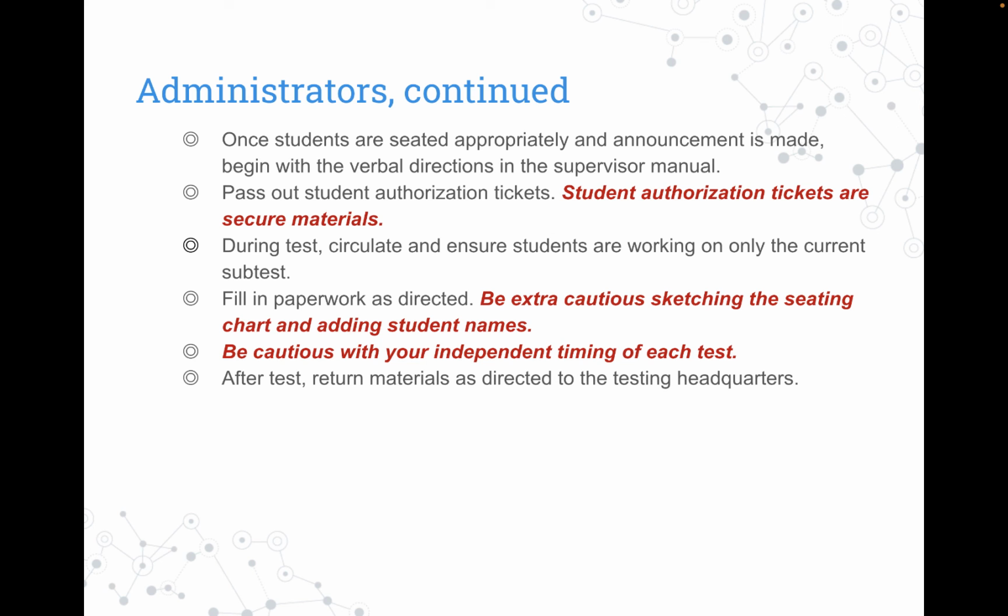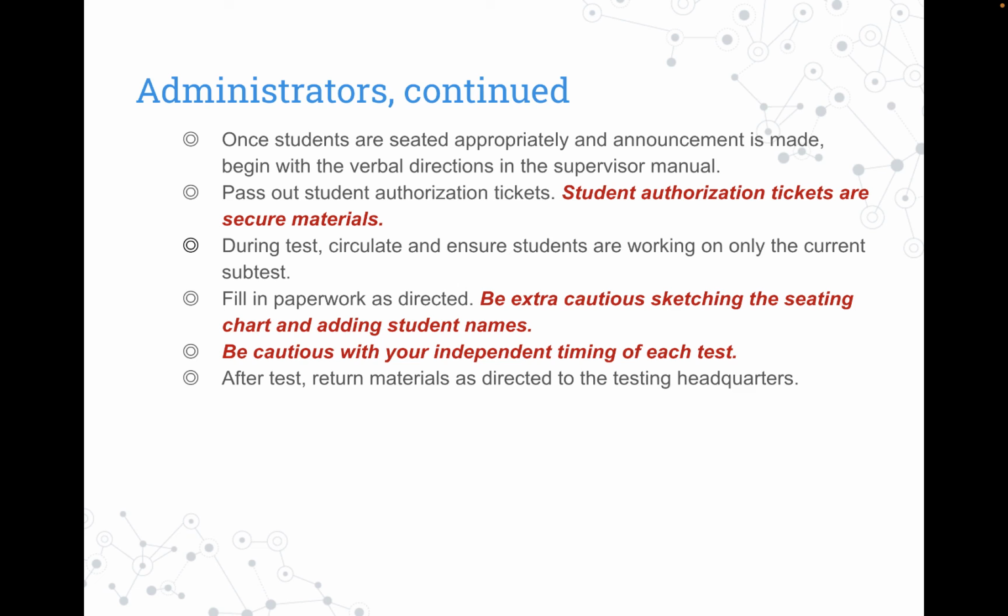Once the test is completed, you will return all student authorization tickets and all scratch paper to the testing location. Now, a word about scratch paper. The students may use their authorization ticket as scratch paper.